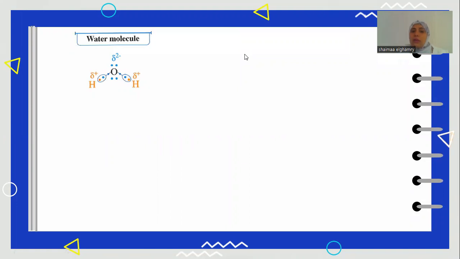A water molecule is a polar molecule because of the difference in electronegativity between oxygen and hydrogen. Also, the ammonia molecule is a polar molecule because the difference in electronegativity between nitrogen and hydrogen is high.